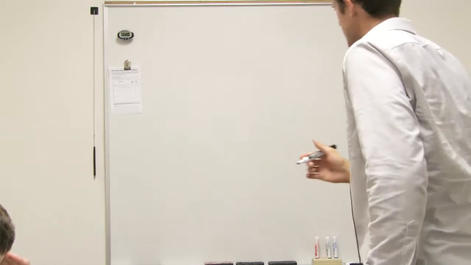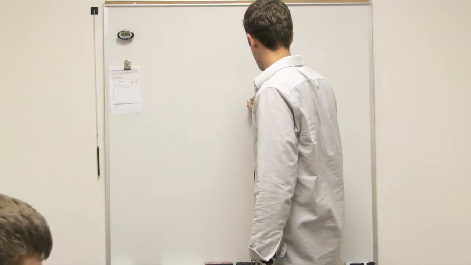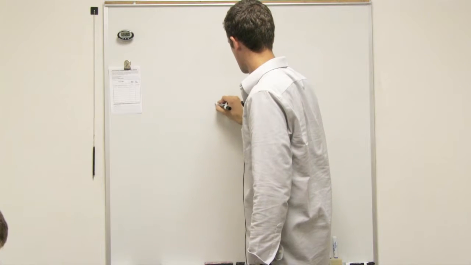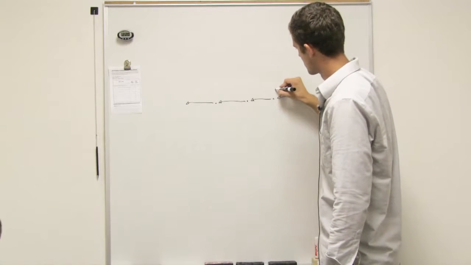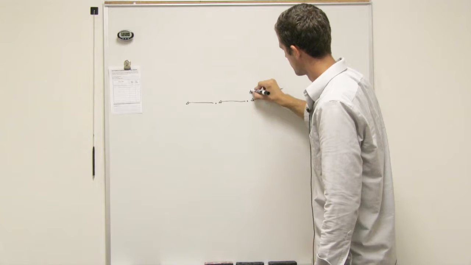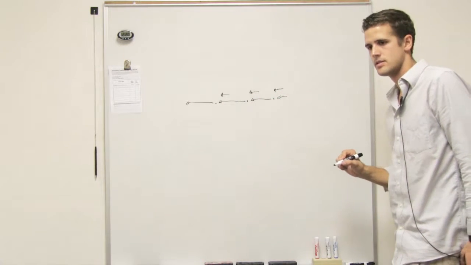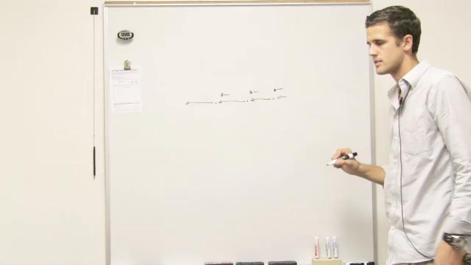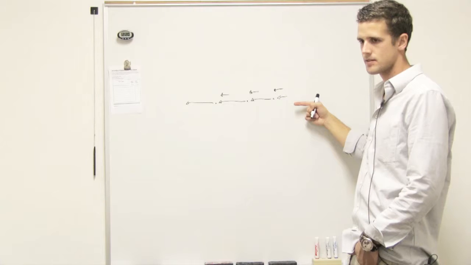It's getting faster, you're right, but it's getting faster going this direction. So what would be a negative acceleration? A negative acceleration is if it's going faster this way, right? So this would still be negative because it's pointed to the left.